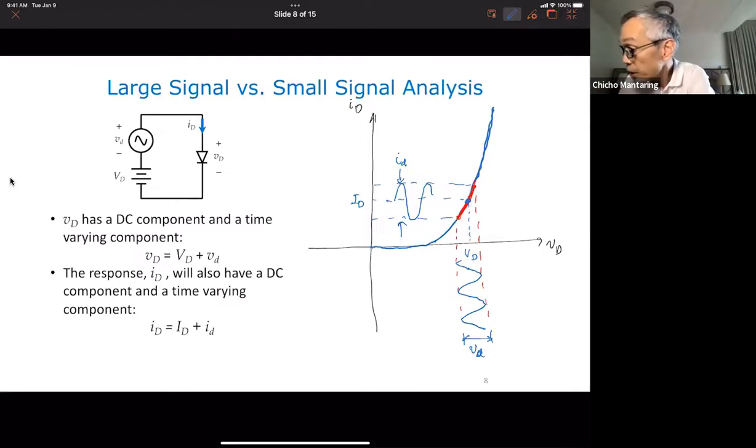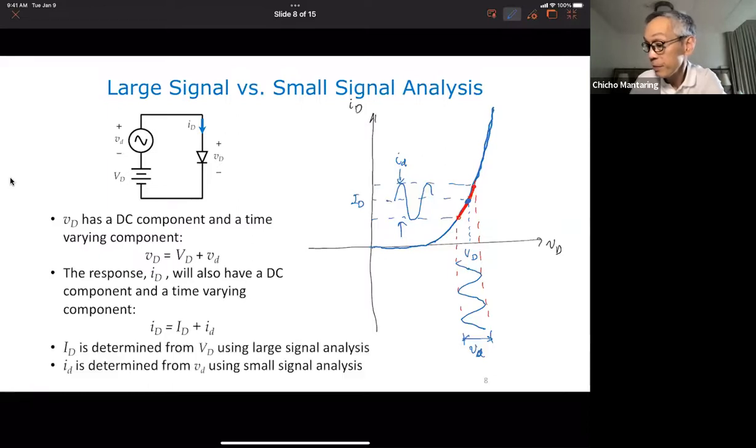So this is going to be my small v sub d, and this is going to be my small i sub d. Are there any questions? So capital I sub D is determined from capital V sub D using large signal analysis, and then small i sub d is determined from small v sub d using small signal analysis.